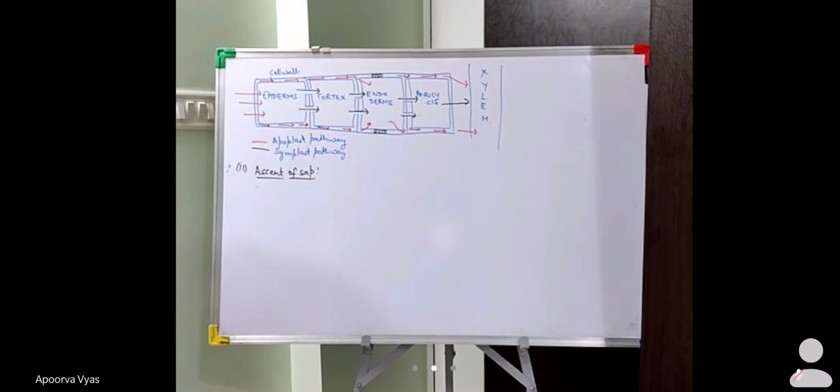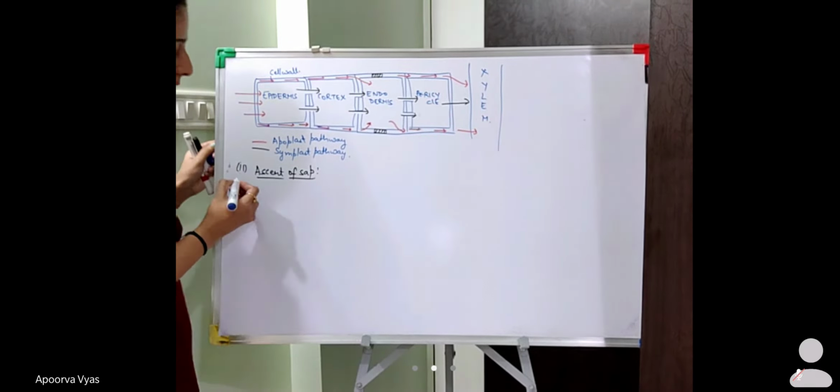ठीक है. So now we'll talk about the ascent of sap. So what is ascent of sap? It is the movement of water upward from roots to the different parts.